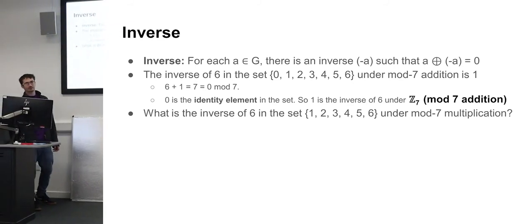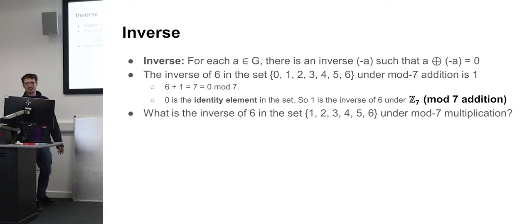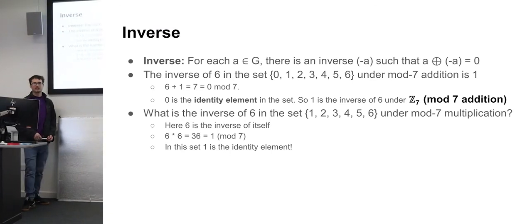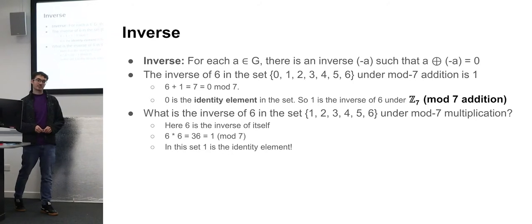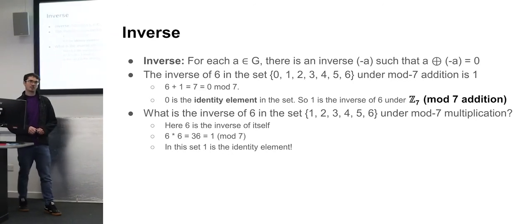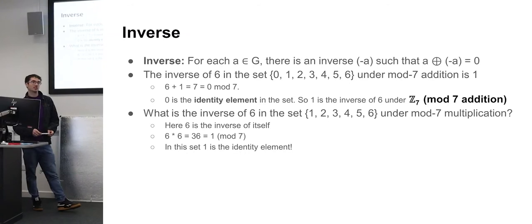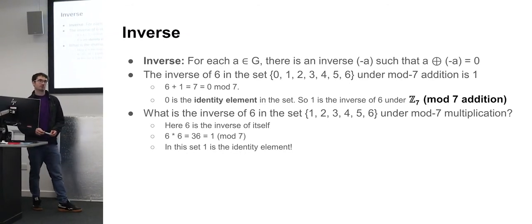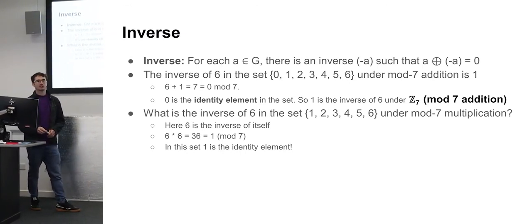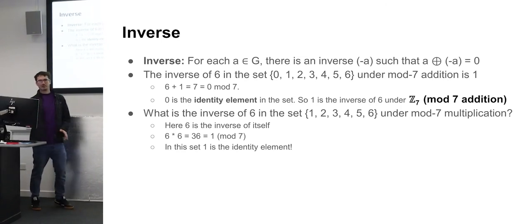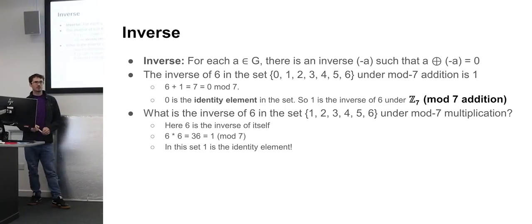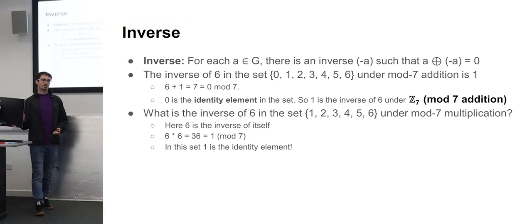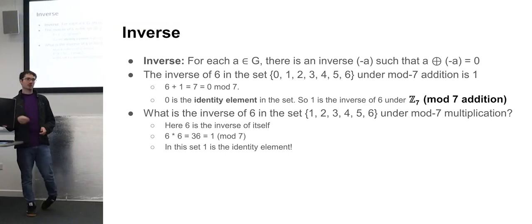I think I've got the answer here. 6 times 6 is 36. 36 mod 7, so 36 divided by 7 is 5, and 36 minus 35 is 1. Maybe that wasn't a great example, because it took me a while to realize you can actually just times 6 by itself. But obviously, because 6 is an element in the group, you can times 6 by 6.